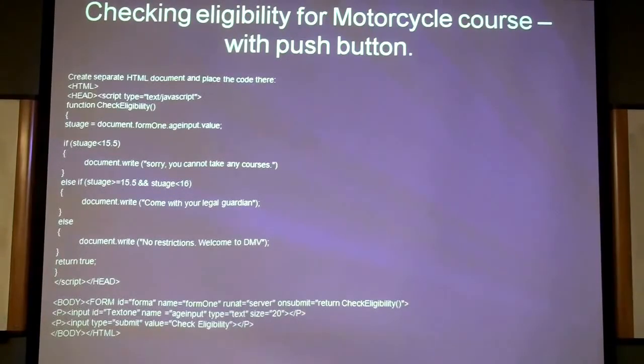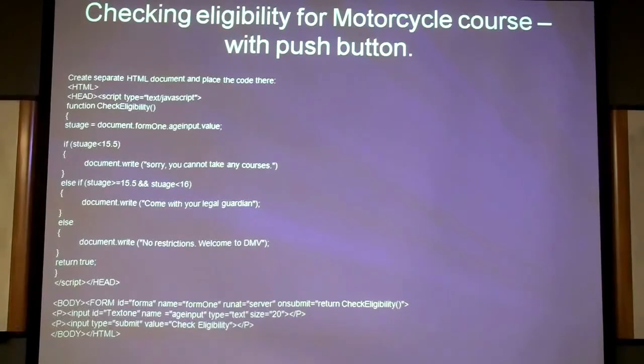But in this case, I can, because I know that I'm retrieving age input, which is a text field, which is located on the form called form 1, which in its turn is located on the document. This sequence actually reflects the hierarchy. It's exactly the same, but instead of being written in a two-dimensional form, it's written in one line, one-dimensional.